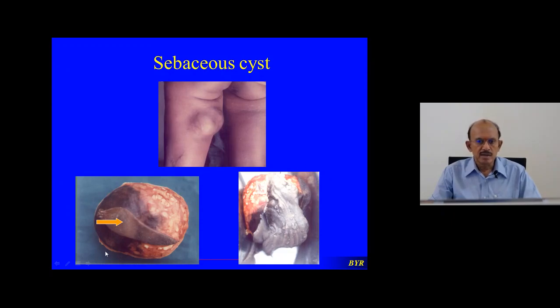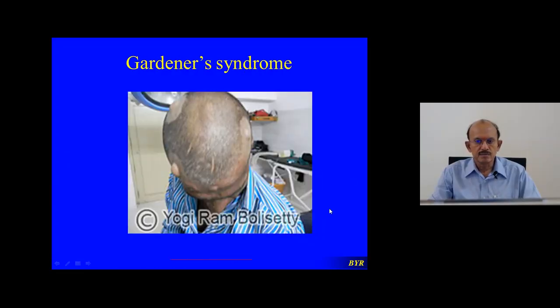This is the cyst, and here is the punctum, and it contains material like this. Sometimes there will be multiple sebaceous cysts like this. The gentleman is having about 7 or 8 sebaceous cysts over the scalp, and he was also having osteomas.